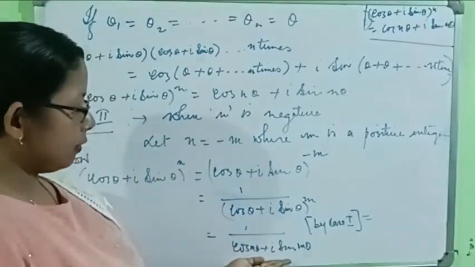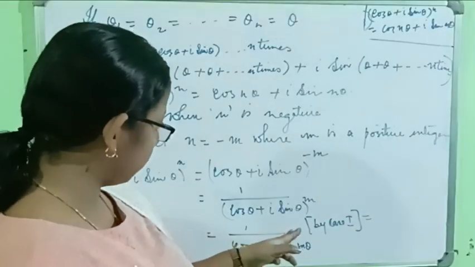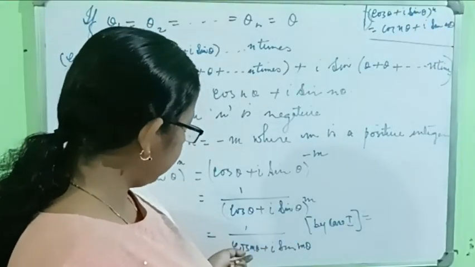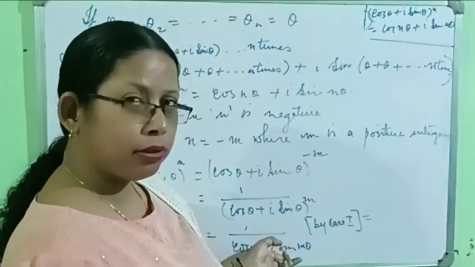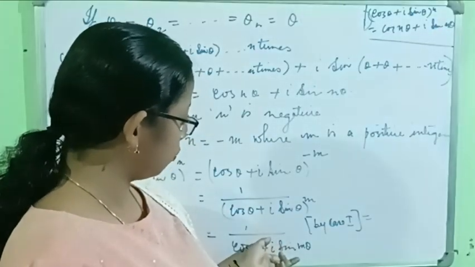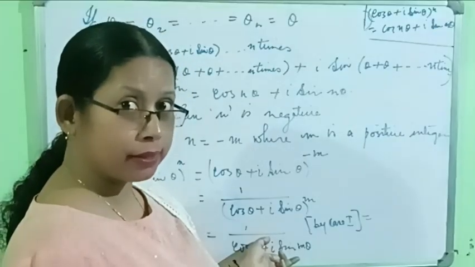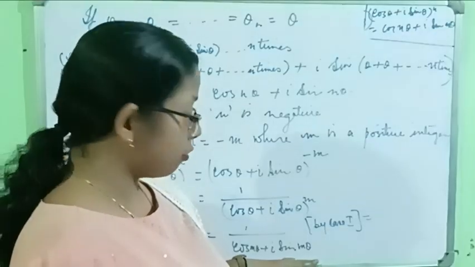Now make the denominator free of i. For that you have to multiply it by its complex conjugate. Complex conjugate you have already learned in your senior secondary classes. If you have any problem, you can go through my complex analysis video. The first 10 videos are on basics.